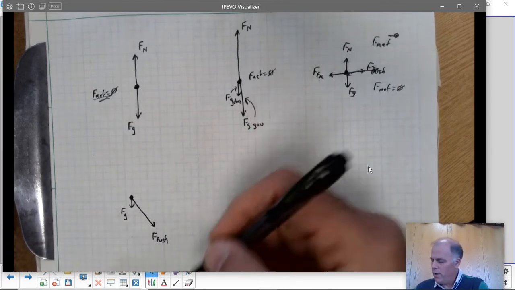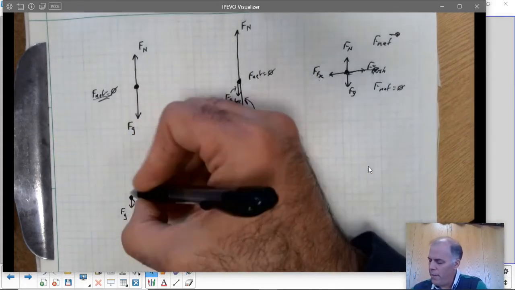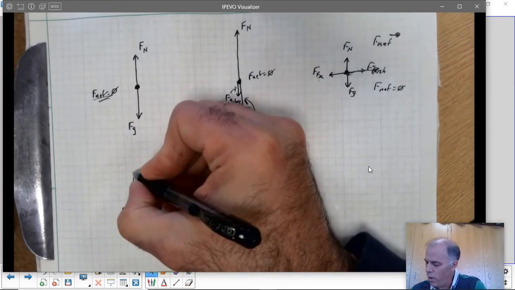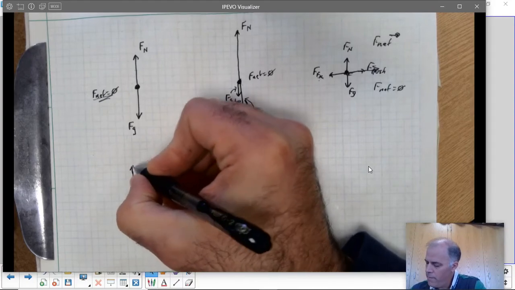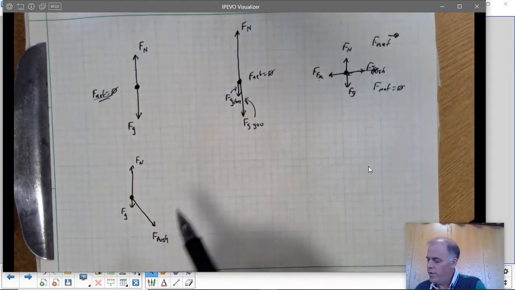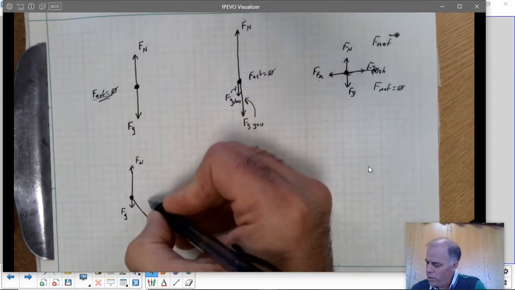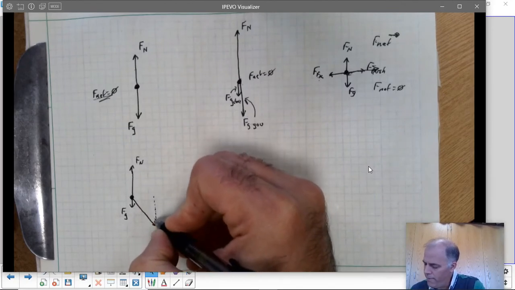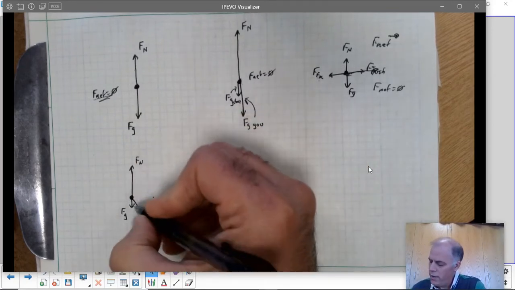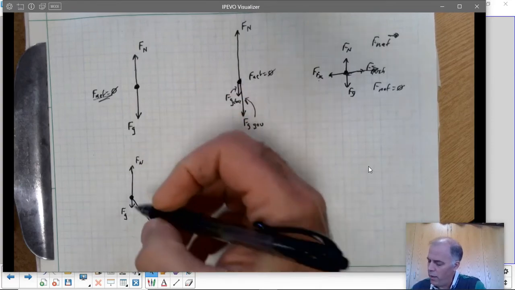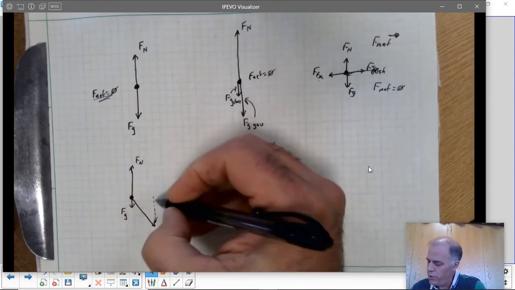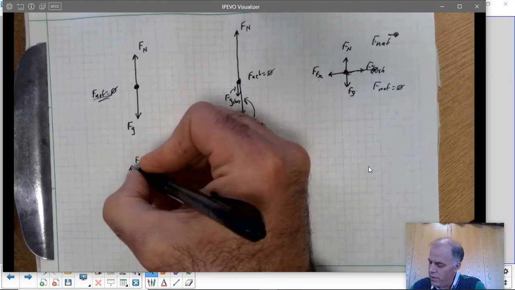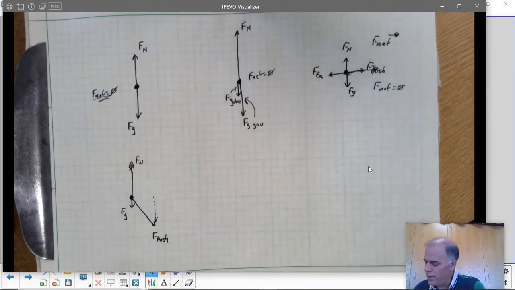Now, the broom is not sinking into the ground, so that means there has to be a normal force, F sub n, which is equal to the downward component of the push plus the weight of the broom itself. So this normal force should be this length plus this length. I think I need to make it a little bit longer, but that's okay.